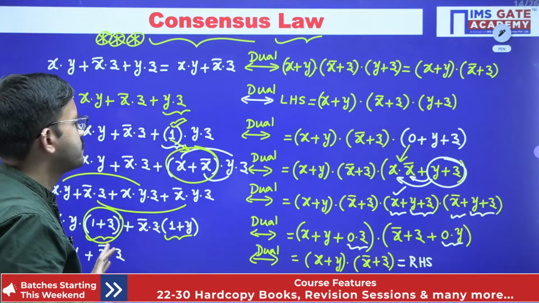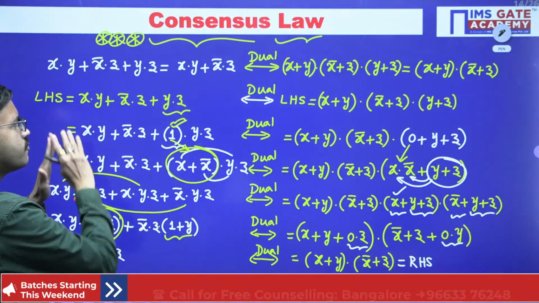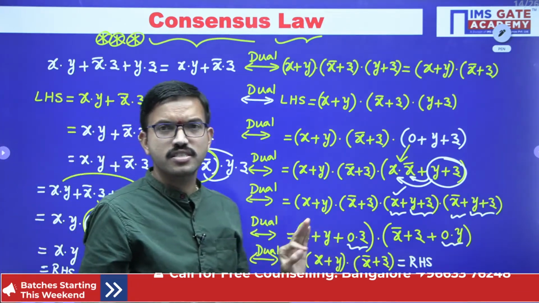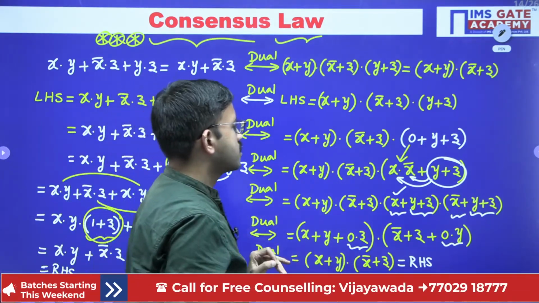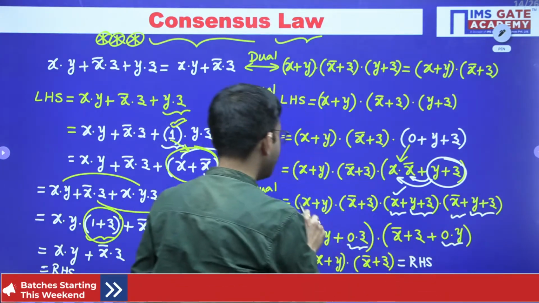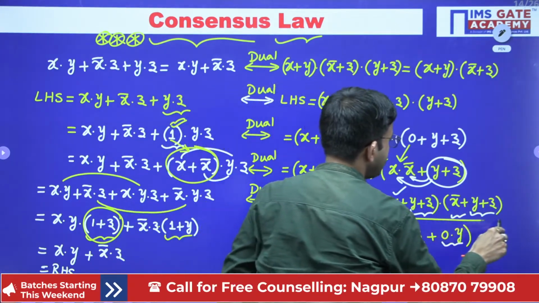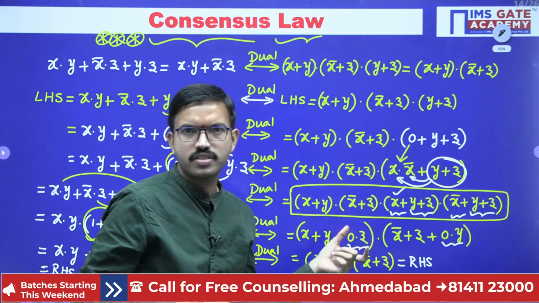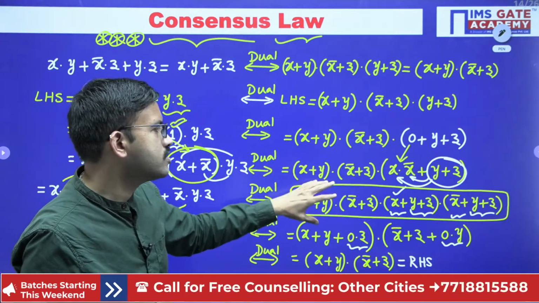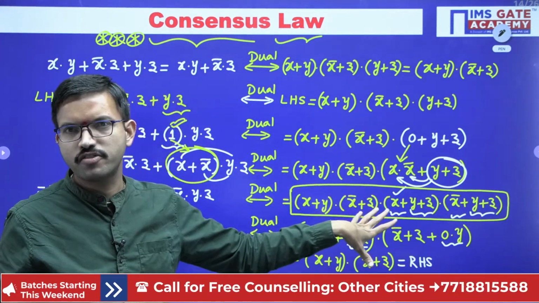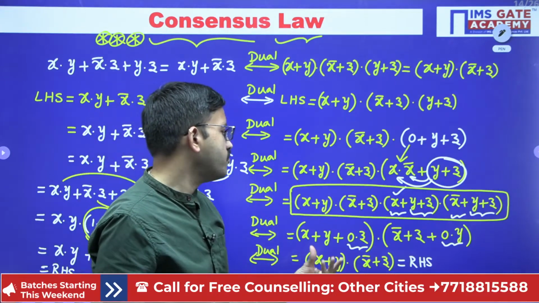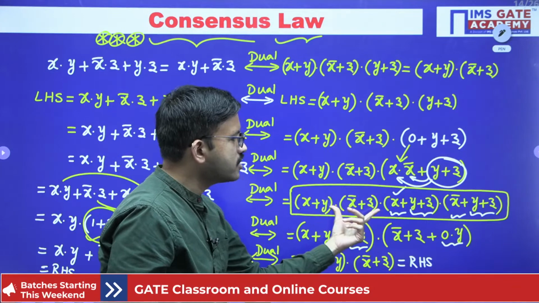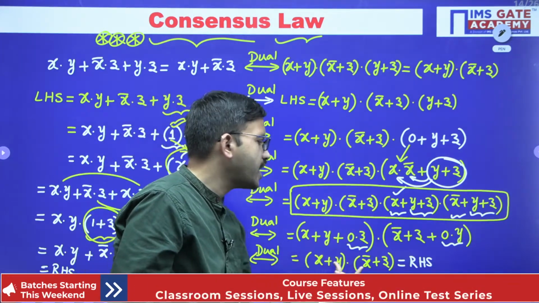Okay, suppose you are supposed to do the simplification of this particular function. After doing simplification, you are supposed to get this one. If you are having the equation of this one, how to directly write the expression like this?